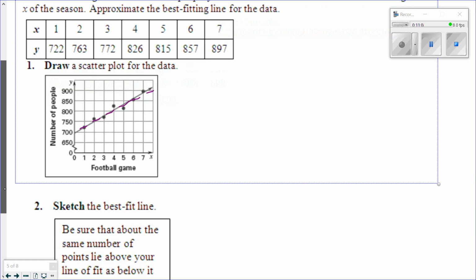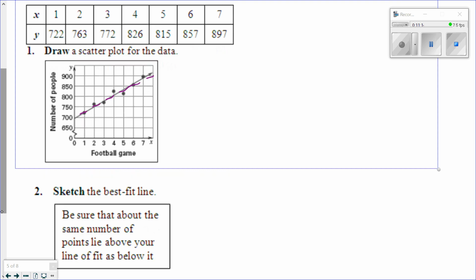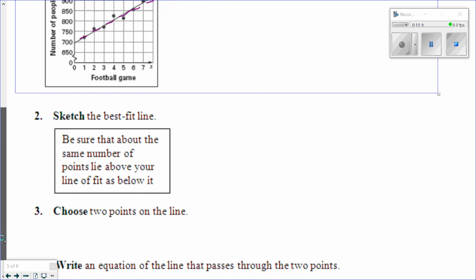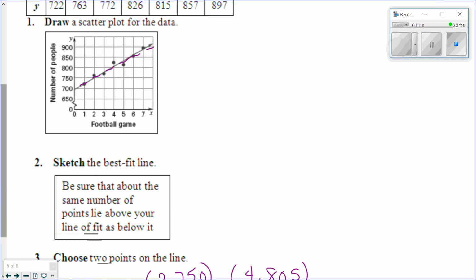Now we need to choose 2 points on our line and then write an equation for that line. So I'm going to choose 2 points that I see on my line. And the first one I'm just going to choose points that are easy to read.